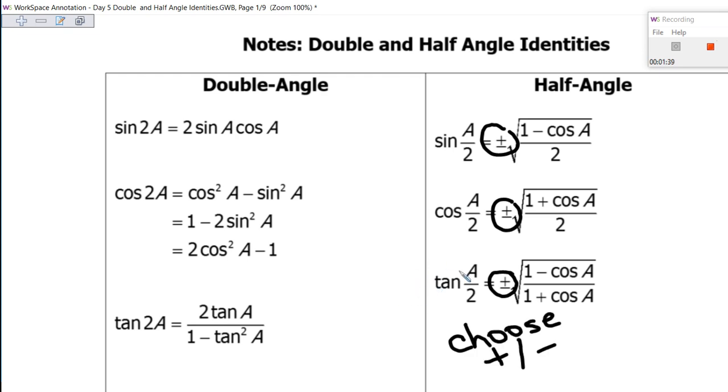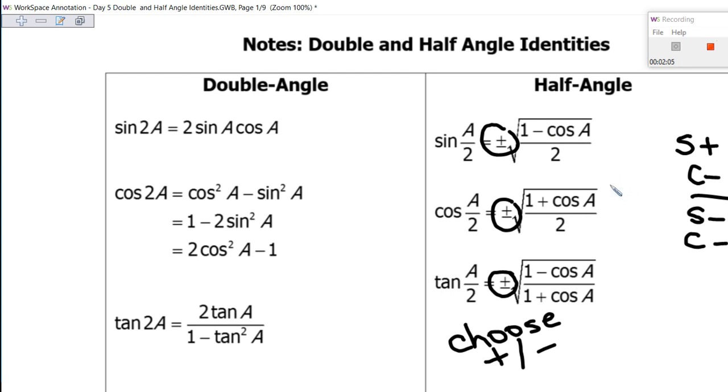So you're going to choose whether it's going to be positive or negative based on the terminal side of the angle. So if you think about our coordinate plane, we know in quadrant 1, sine and cosine are both positive. In quadrant 3, sine and cosine are both negative. Quadrant 2, sine is positive, cosine is negative.